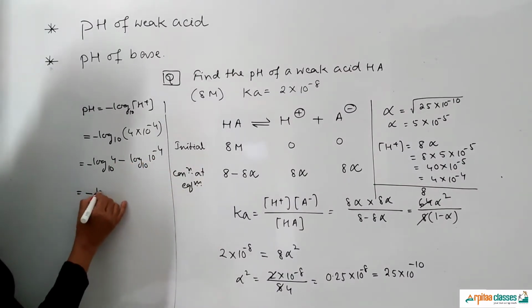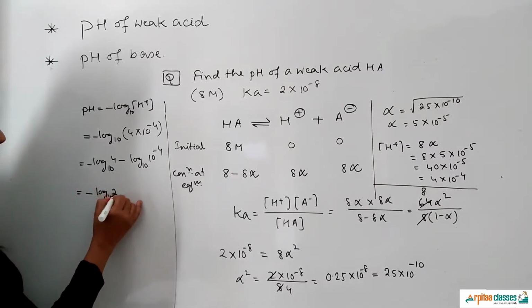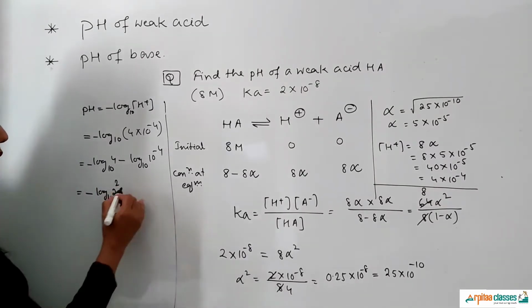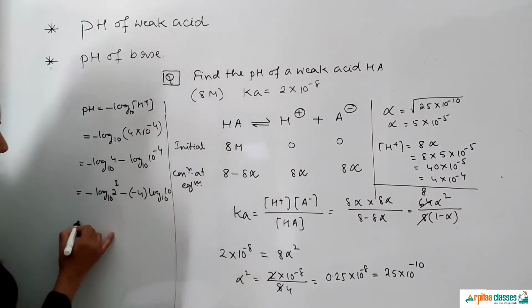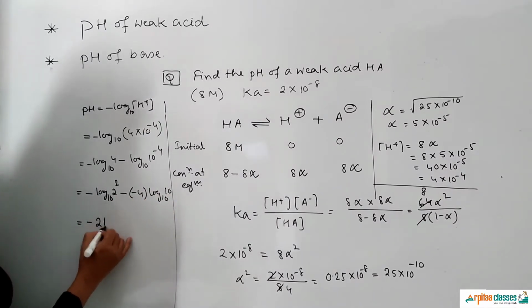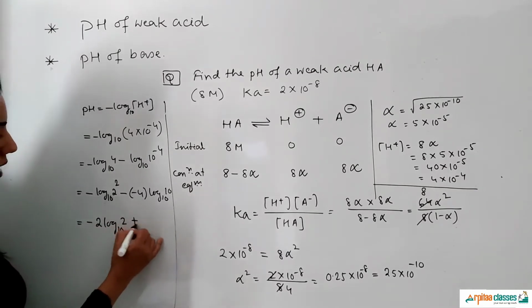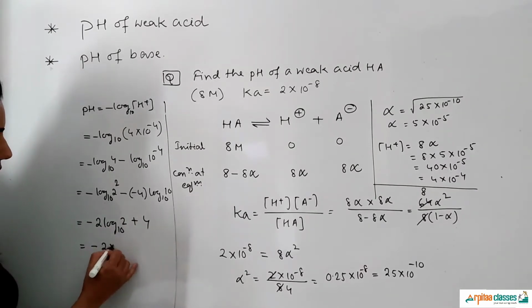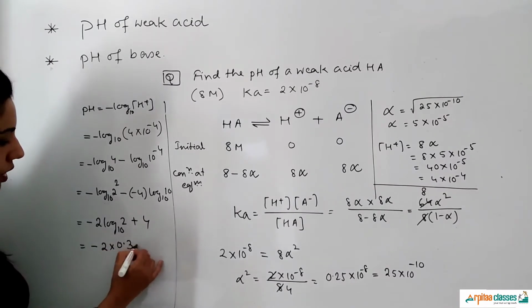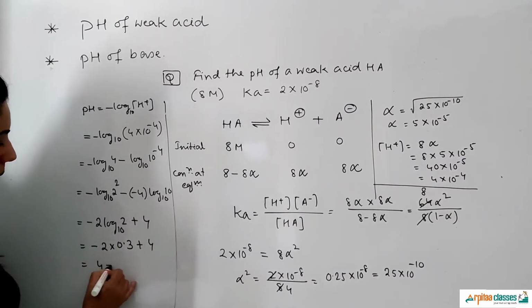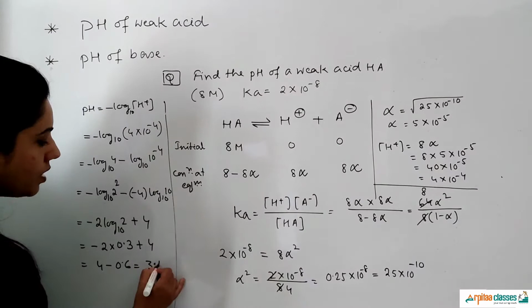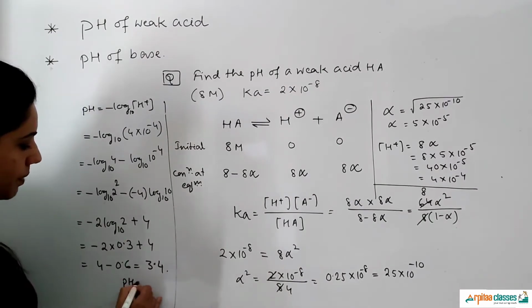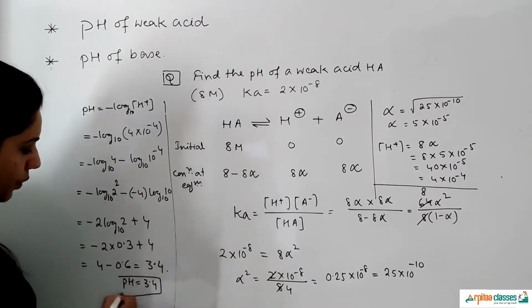So it's coming minus log 2 raised to power 2, we can write for log 4, minus of minus 4 log 10 to the base 10. So it is minus 2 log 2 plus 4. Minus 2 into the value of log 2, which is 0.3, plus 4. So it's 4 minus 0.6. So the value will be 3.4. So pH of this particular solution is coming 3.4.